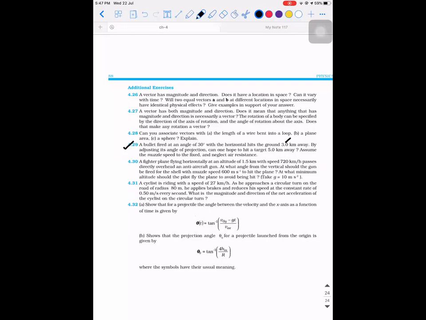Assume the muzzle speed to be fixed and neglect the air resistance. This means the speed of the bullet is constant and you ignore the air resistance. By keeping the speed constant, is it possible for you to adjust the angle of projection and get the range to be 5 kilometers?